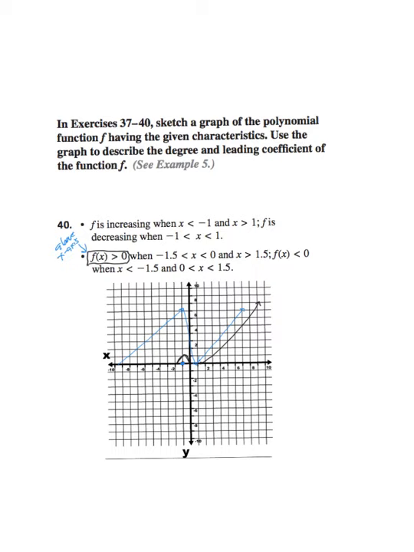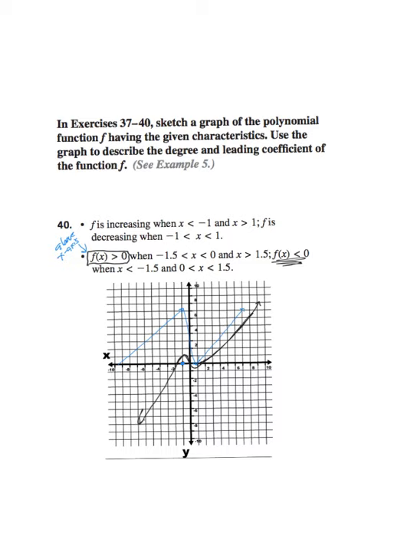Then it says it is below the x-axis when x is less than -1.5. So it's going to be going down this way. And also between 0 and 1.5. So from here to here.